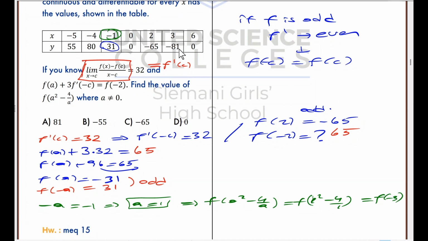I have f of 3 equals minus 81. What I need is f of minus 3. When I change the sign of x, I also should change the sign of y if it is an odd function, right? So minus 81 becomes 81. Answer is A. This is a very brilliant question.